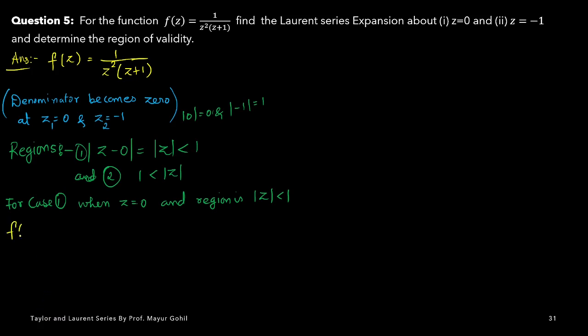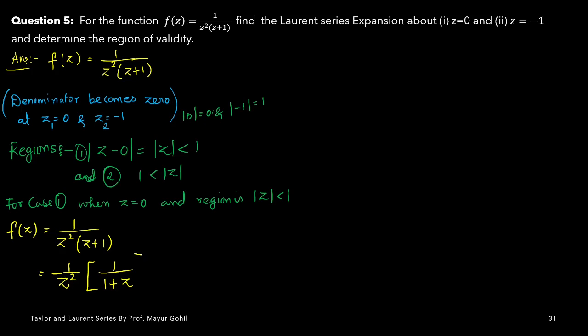Now f of z in this case is 1 upon z square into z plus 1. You try to see this function in a different way. I can see this as 1 upon z square multiplied by 1 upon 1 plus z.